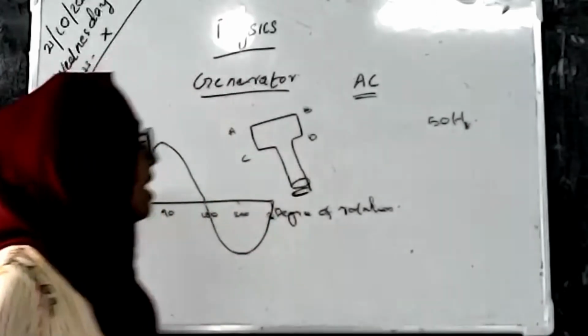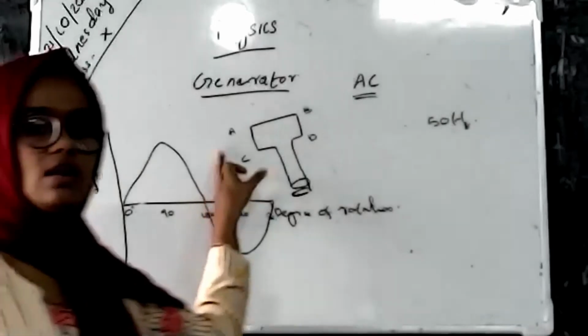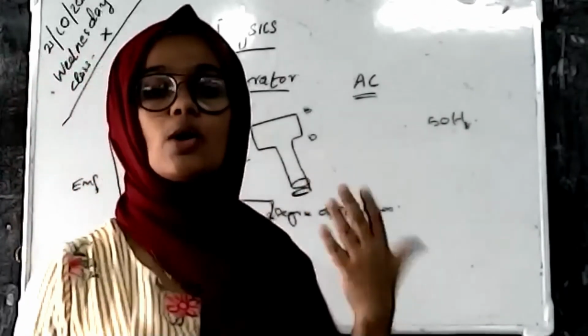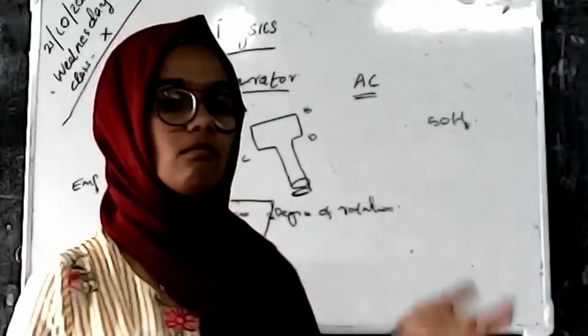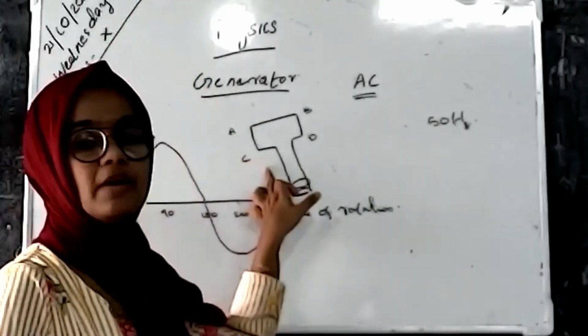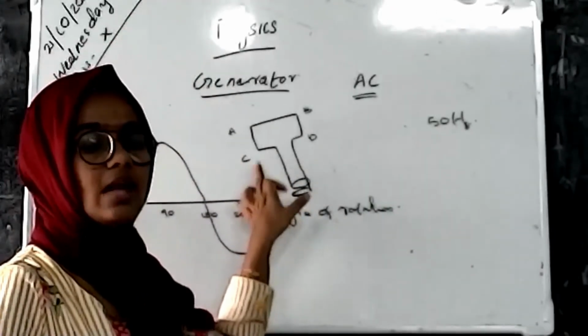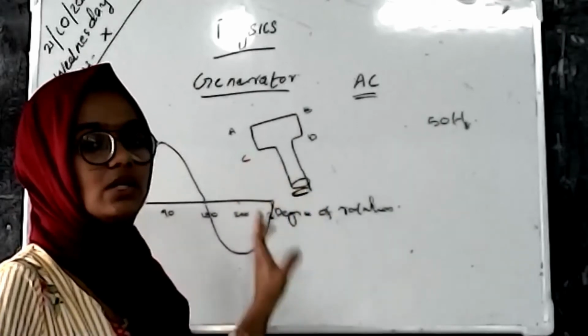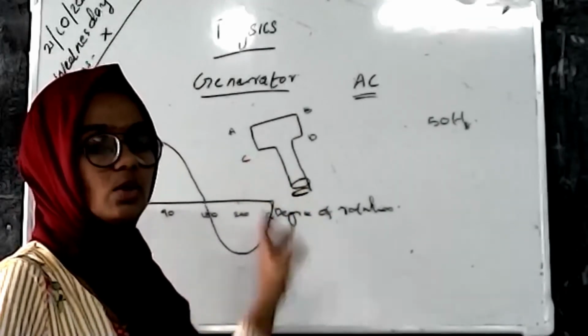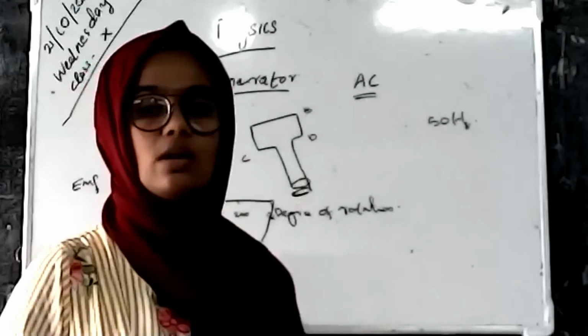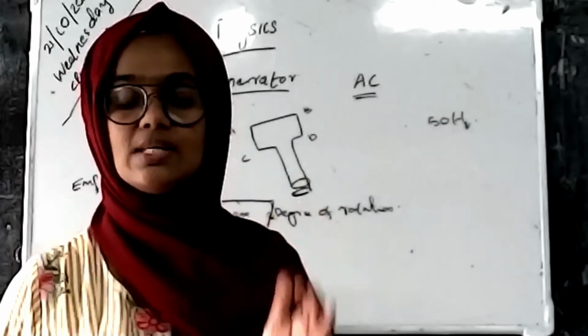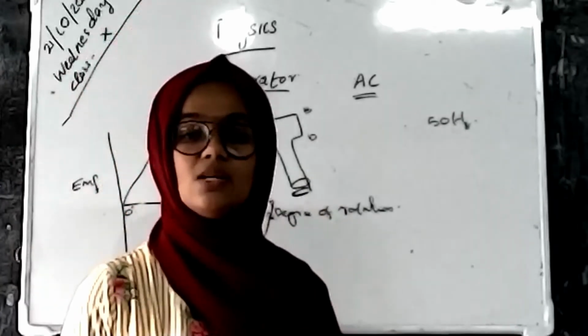Okay, and the armature coil rotates using mechanical energy, and that mechanical energy is converted to electrical energy through the rotation of the armature coil, and only this rotation is the main working of the AC generator.